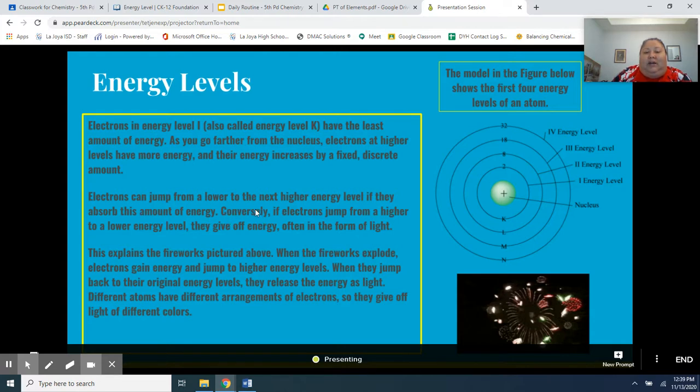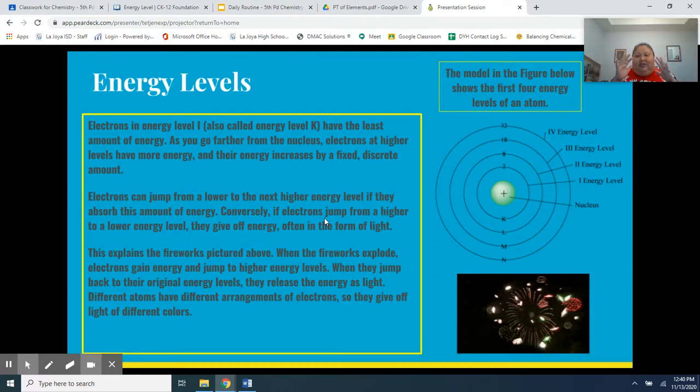Electrons can jump from a lower to a higher energy level if they absorb energy. On the other hand, if electrons jump from higher to lower energy, they give off energy, often in the form of light. So an atom gets hit by a certain amount of energy. Electrons will do quantum leaps to higher energy levels. Now, they cannot stay there.